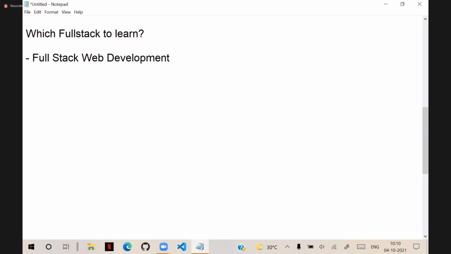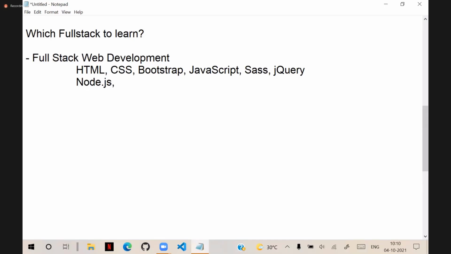We will have HTML, CSS, Bootstrap, JavaScript, and SASS and jQuery. These are the primary things. Introduction to Angular, and Node.js and MongoDB and Express. Internally, so many other things you will discuss, but these are the primary things in our full stack web development.